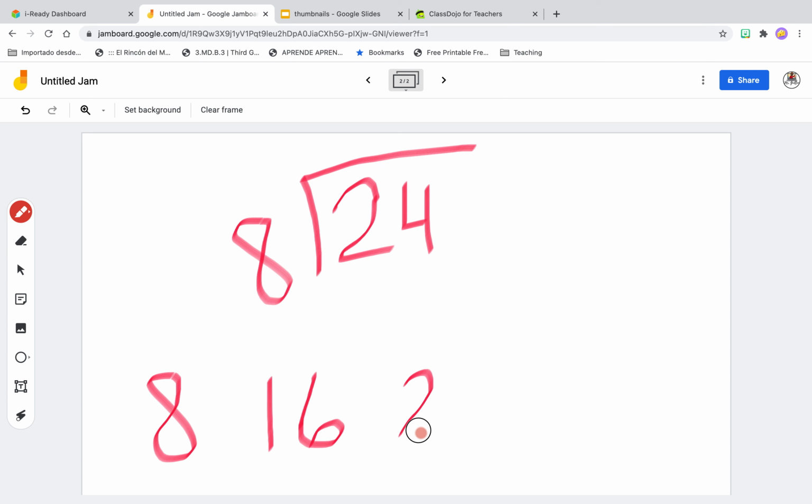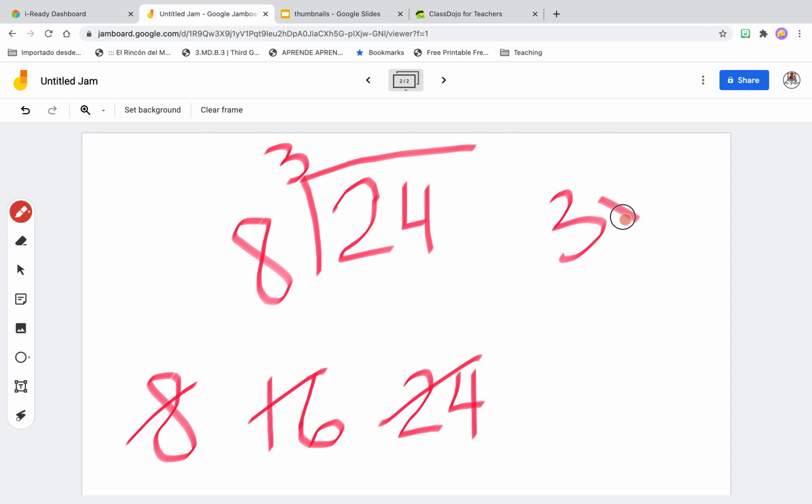It's 24. Now I have to count how many times I skip counted by this number to get to 24. We have 1, 2, 3. So 24 divided by 8 is 3. And 3 times 8, or 8 times 3, is equal to 24.